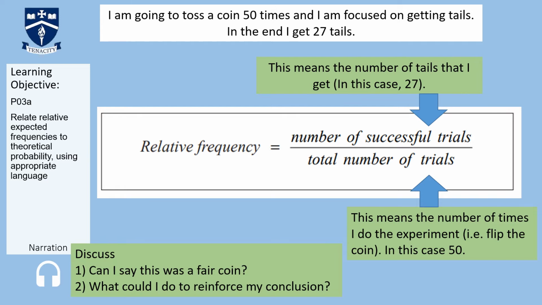So I could be fairly sure that this was a fair coin. Not 100% convinced, but pretty certain. So we're roughly at that halfway point. What could I do to reinforce my conclusion? The same thing that I do for any science experiment: I'd repeat it, get more data in, and see if I still stay close to halfway.